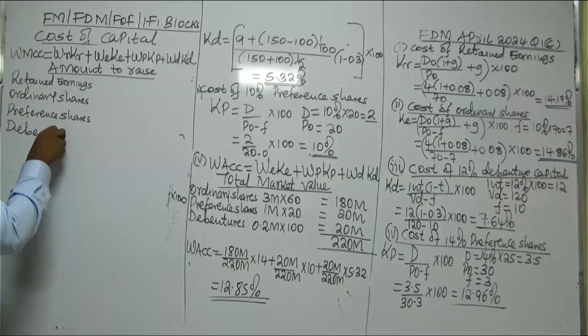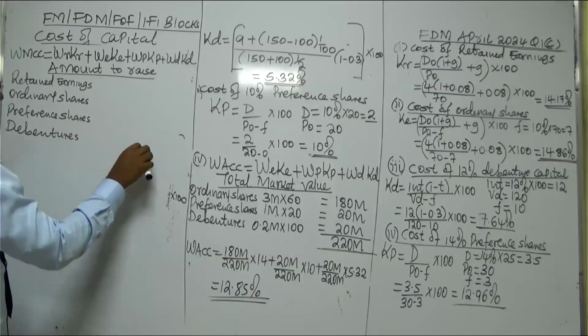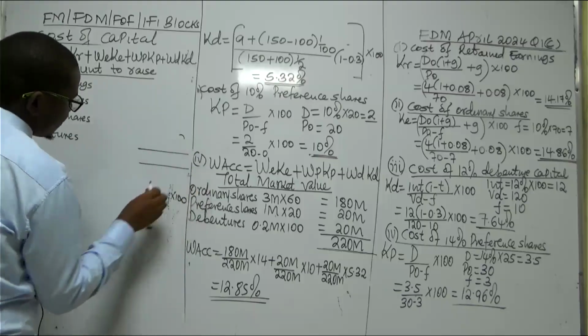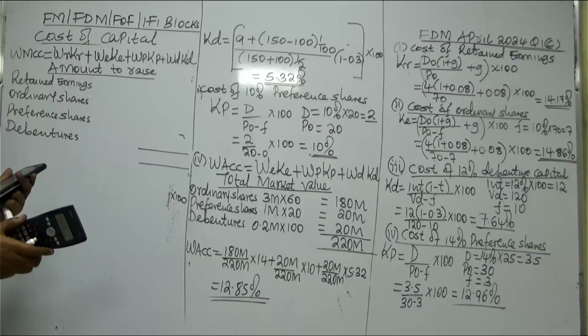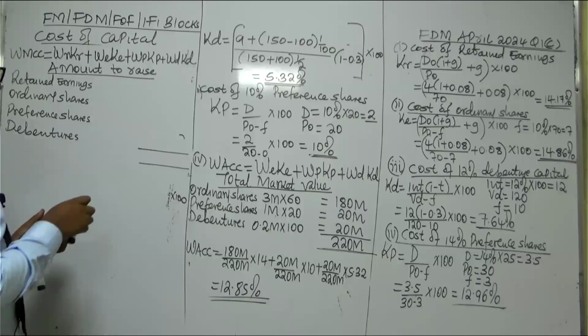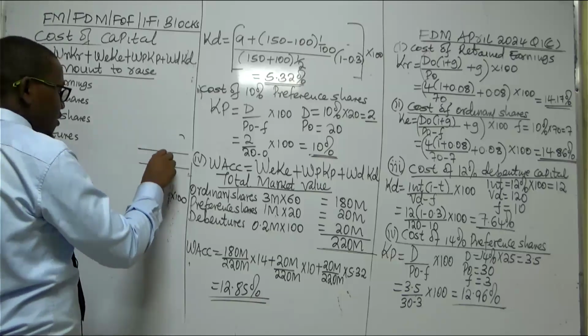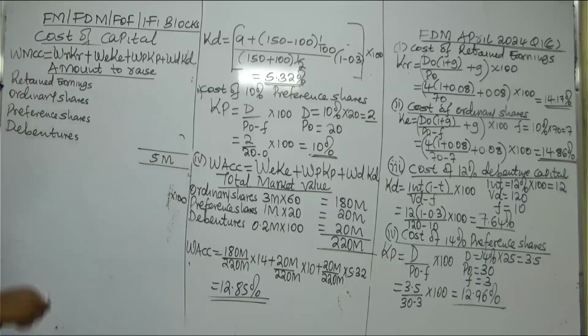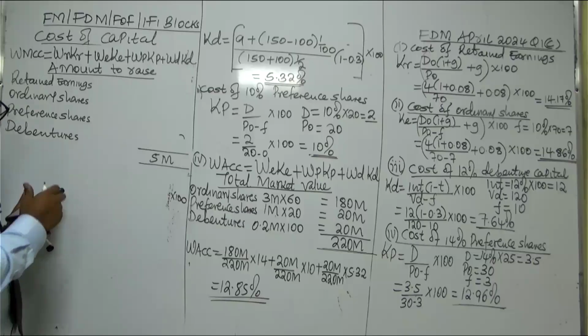How much does he want to raise? Given the amount to raise is 5 million, which should be our total. So now that we've not been given the amount to be raised through the retained earning, I will just go to the existing capital structure.